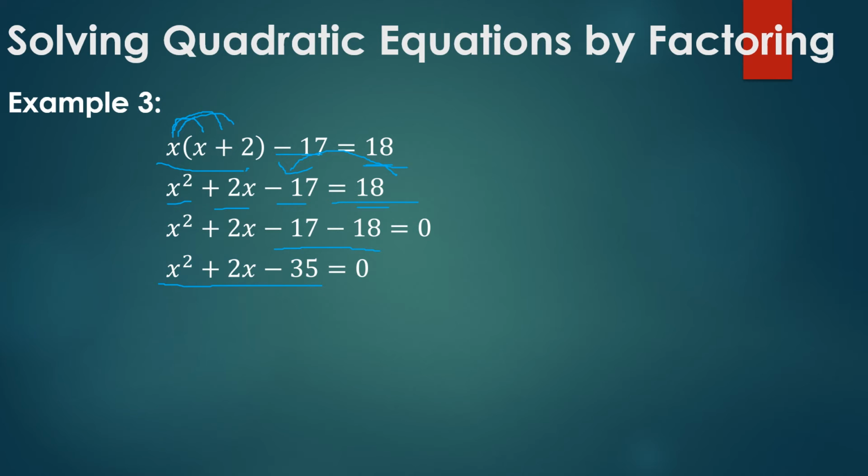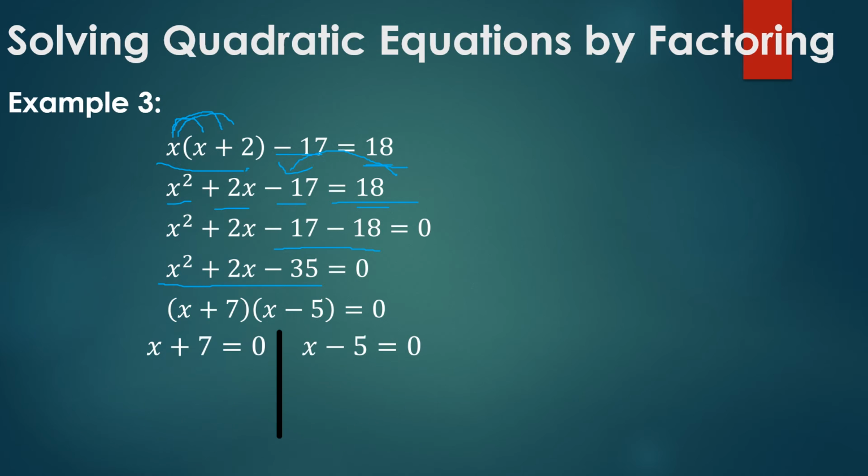Just scan your notes, the books you have in your previous grade, because the factored form of x squared plus 2x minus 35 is x plus 7 multiplied by x minus 5 is equal to 0. By applying the ZPP, we have x plus 7 is equal to 0 and x minus 5 is equal to 0.